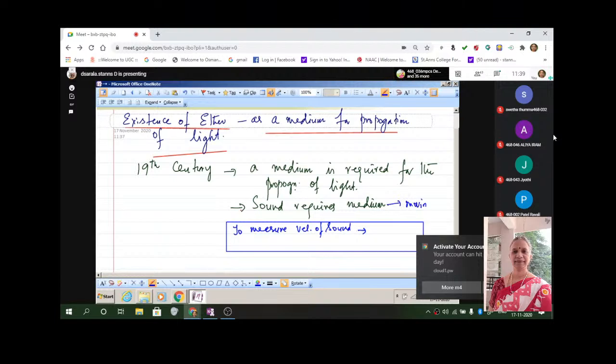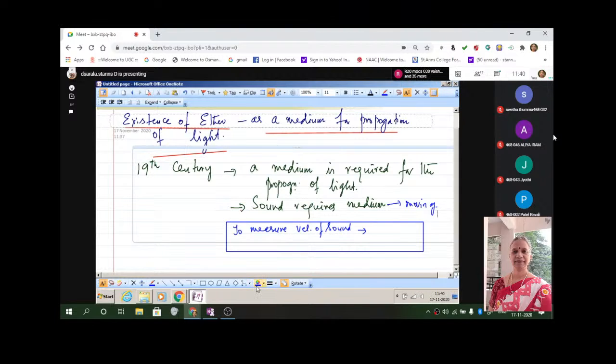So in physics, we cannot just state any statement. We have to prove it, we have to define it, and we should be able to measure it. Then only that particular quantity has a relevance and also has a meaning. Therefore, they measured the velocity of sound with respect to air as the medium.